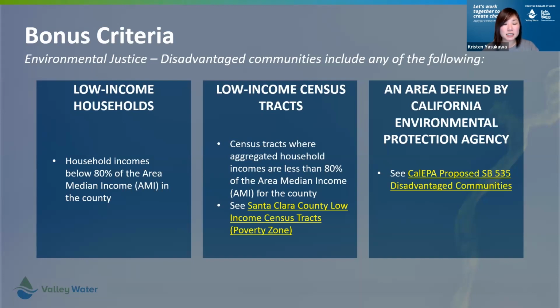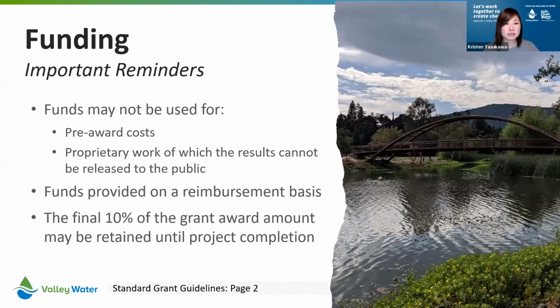All right, next slide. Okay, so these are just some reminders about funding. Again, when you're putting together your budget, you're not eligible to put any pre-award costs into your budget.